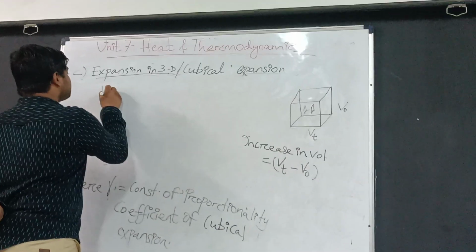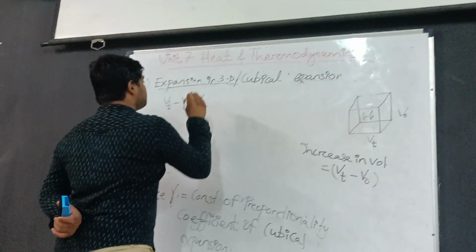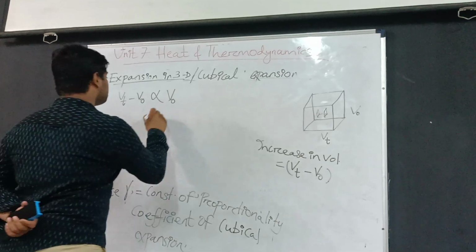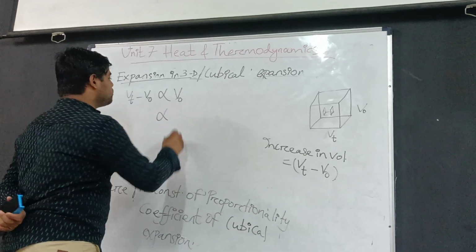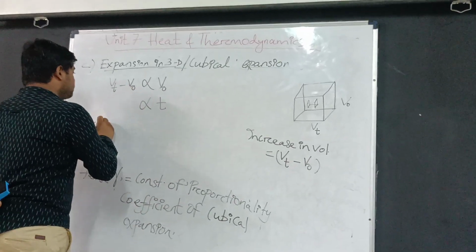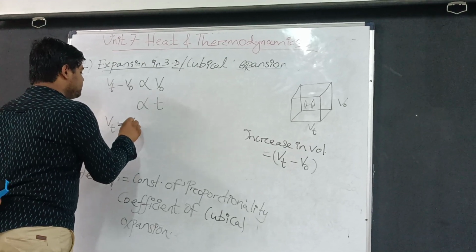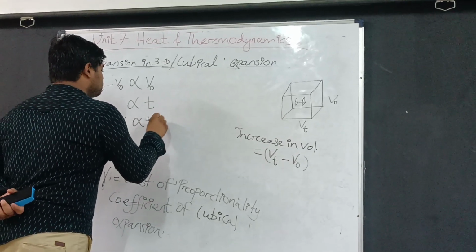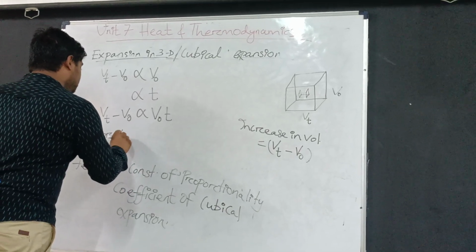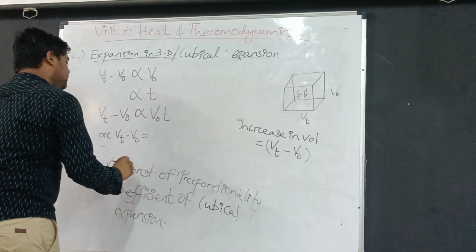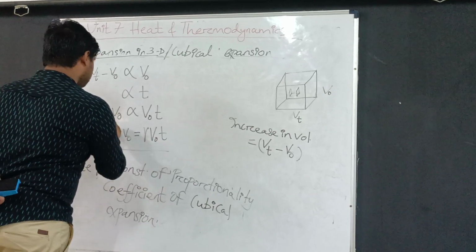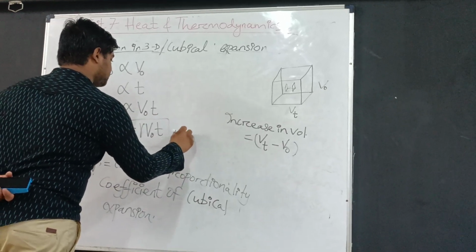So this increase in volume is directly proportional to the initial or original volume V0, and also it is directly proportional to the rising temperature T. Now combining the above two, we can write Vt minus V0 is equal to gamma times V0 T. This is equation 1.